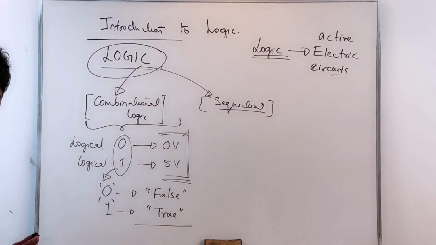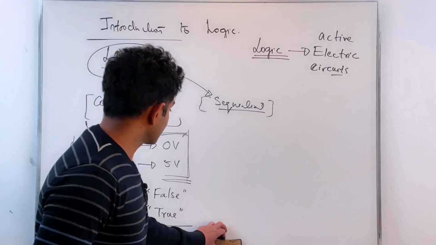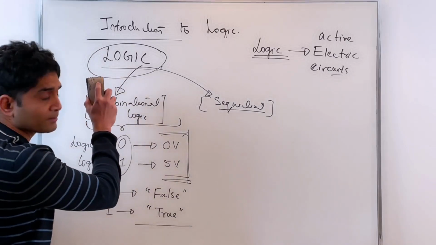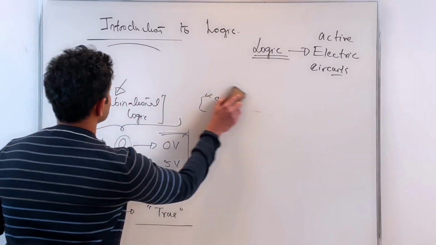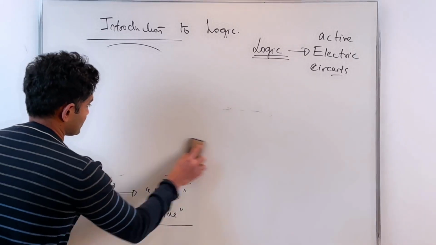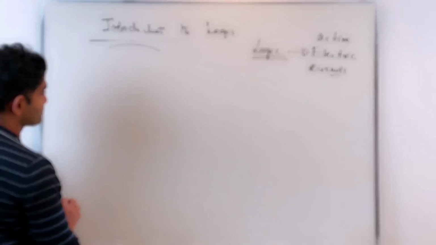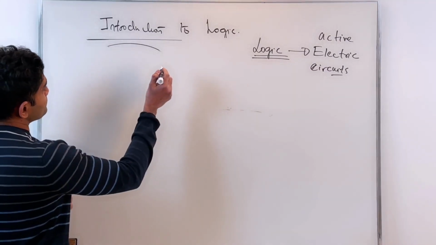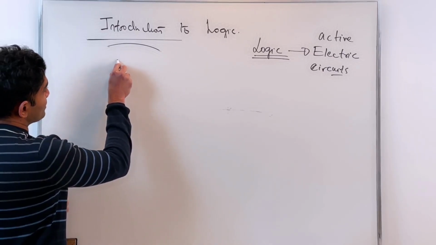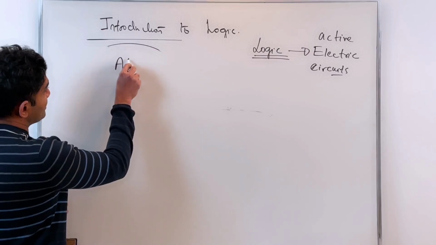All right. So now let's look at some of the building blocks. So let's start with what is called an AND gate.